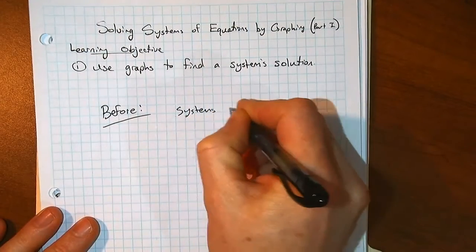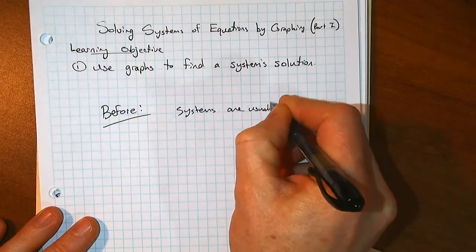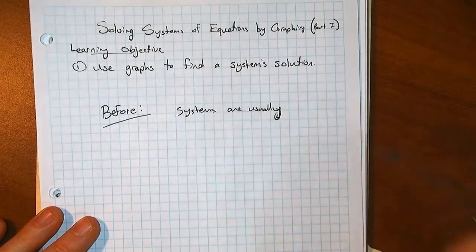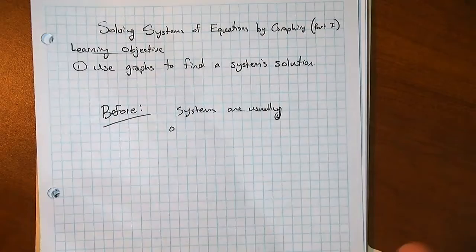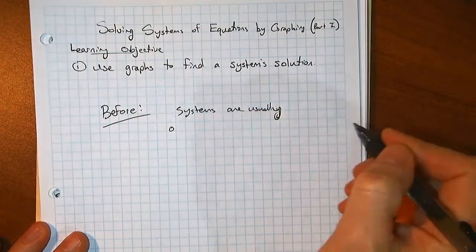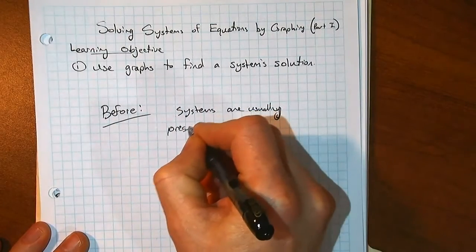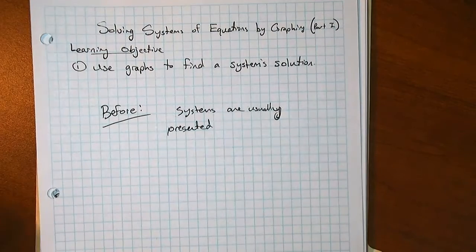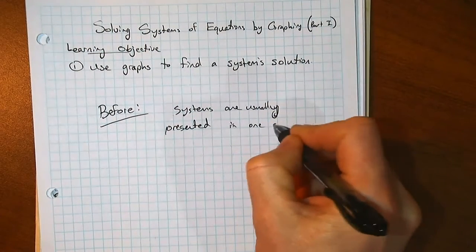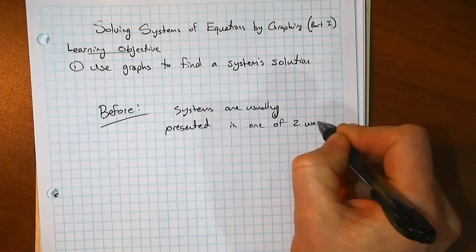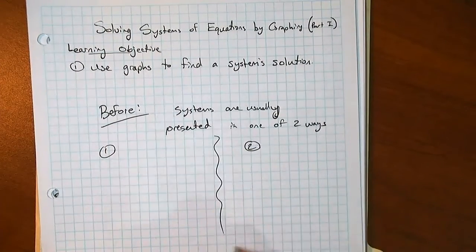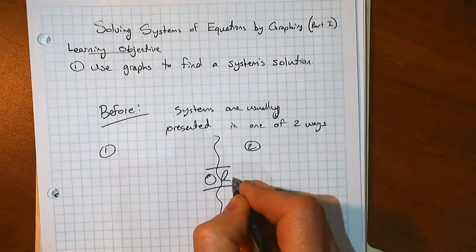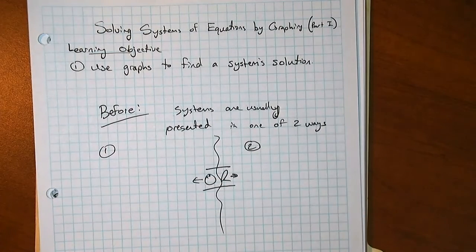So systems are usually presented, displayed, described, whatever the right word is there, in one of two ways. Okay, so you might see either one of these two scenarios. One or the other is what you'll see.